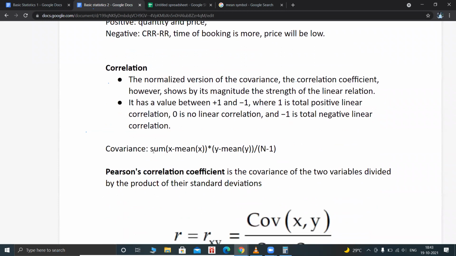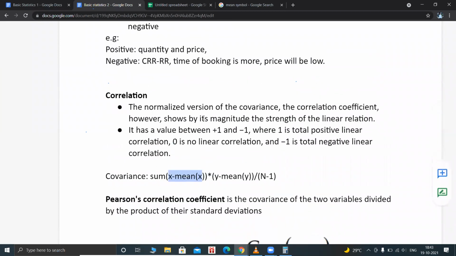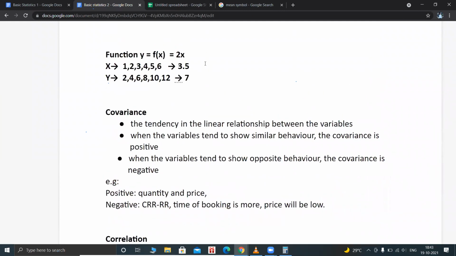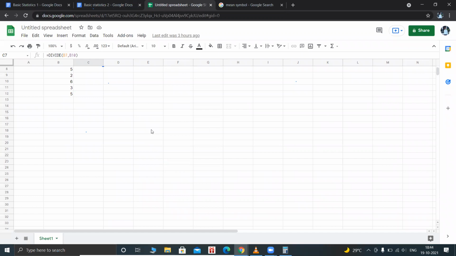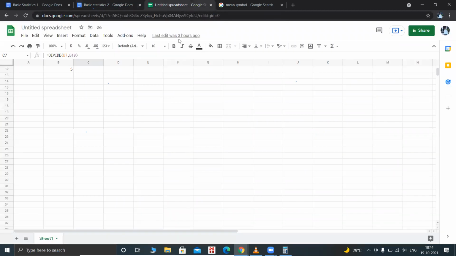Now, the covariance formula is the sum of x minus... Okay, guys, give me a second. It is better to draw it here, that will help me as well as you.